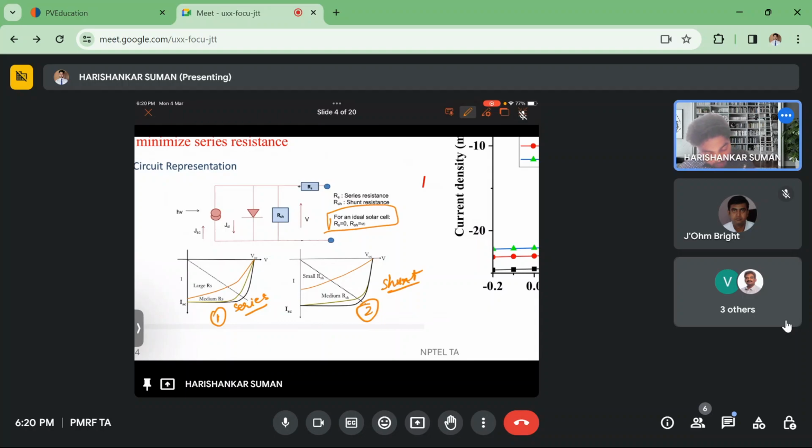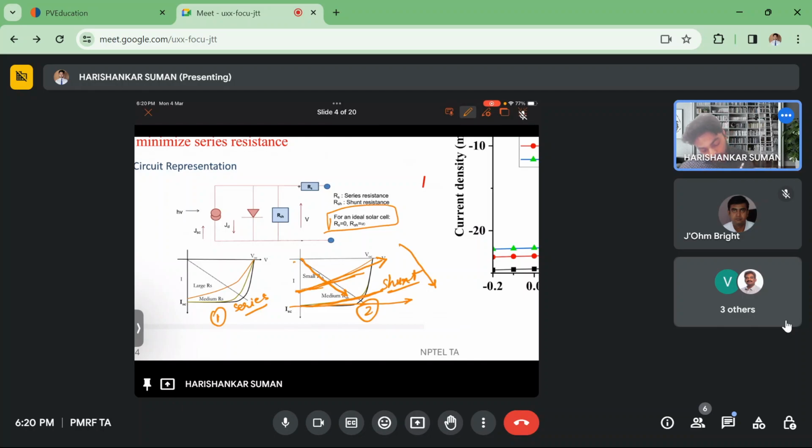Here you can see the shunt resistance is high, and it is tan theta. Please look at the tangent. So when we move this side, shunt resistance goes from small to very high.